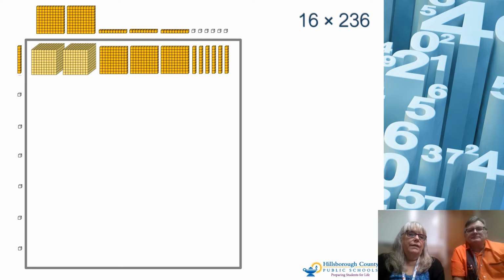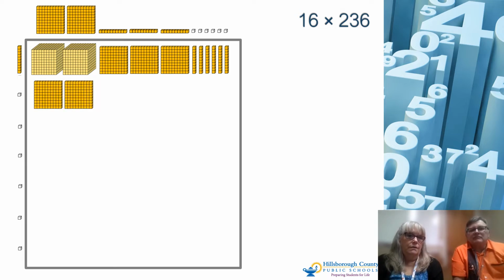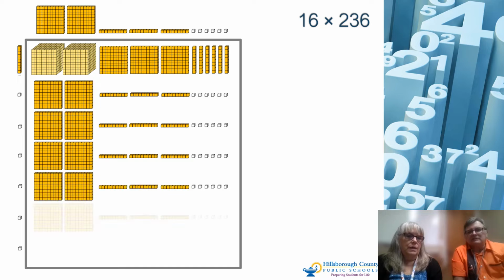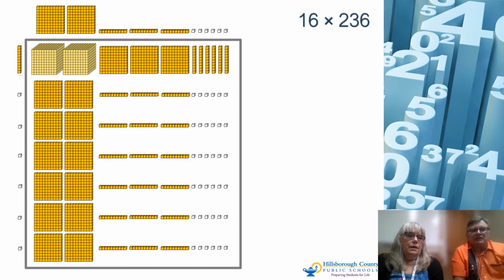Correct. Then if I look at my next row, I have one group of everything. So one group of 200 is going to be 200. And one group of 30 is going to be 30. And one group of 6 is going to be 6. And I'm going to repeat that 5 more times, right? Yep. It's like repeated addition there.